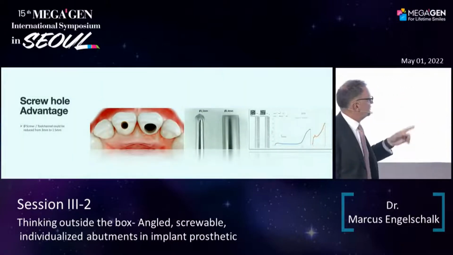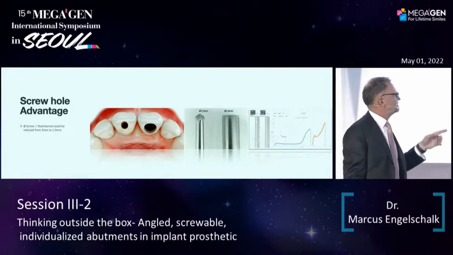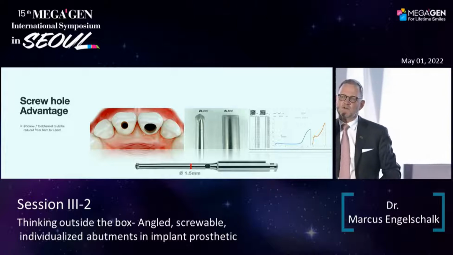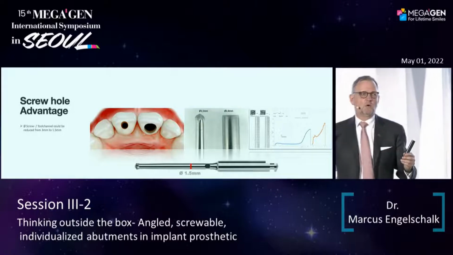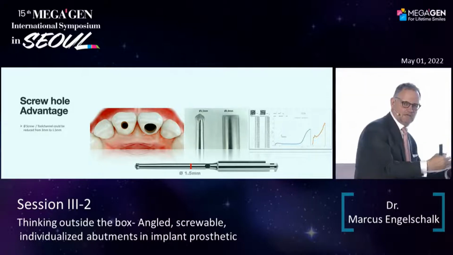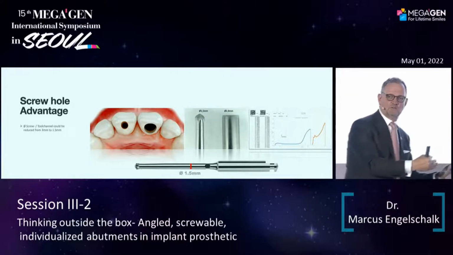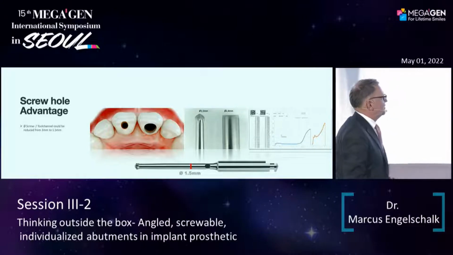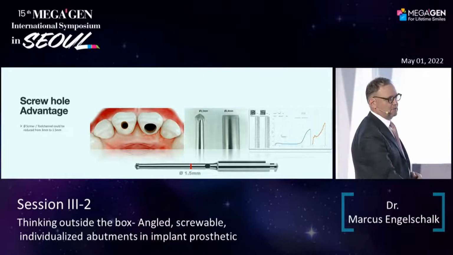Here you see the conventional screw canal on the right side, and the new screw canal on the left side, because the screwdriver is also very thin. You don't need more. You will invest in the ceramic. You will invest in the strength of the reconstruction by using this. So, go on.